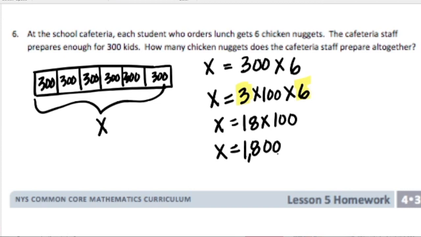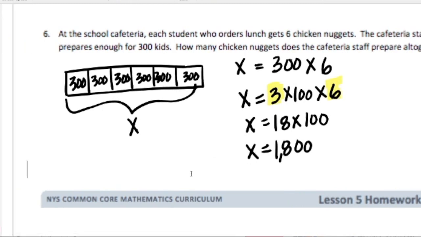So the cafeteria makes 1,800 chicken nuggets.